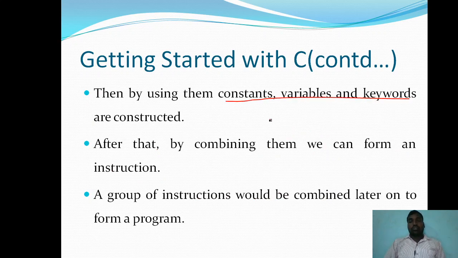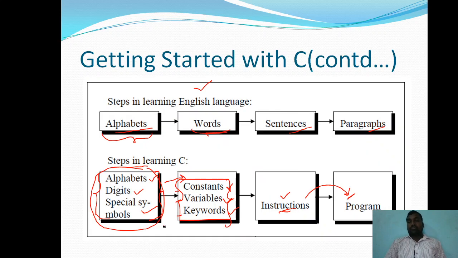By combining these, we form an instruction, and then a group of instructions is combined later on to form a program. In this way we are trying to learn how to write C programs.